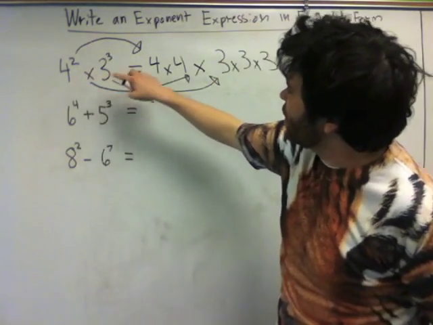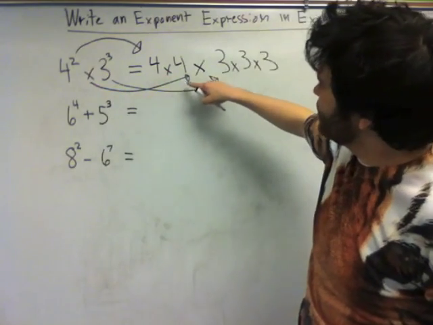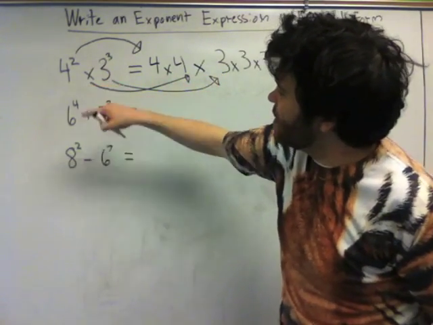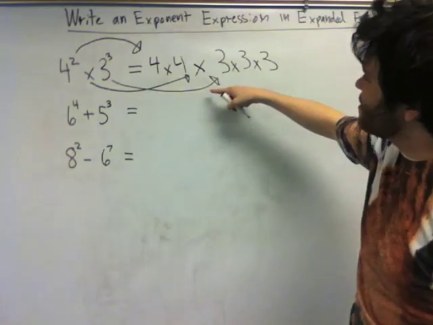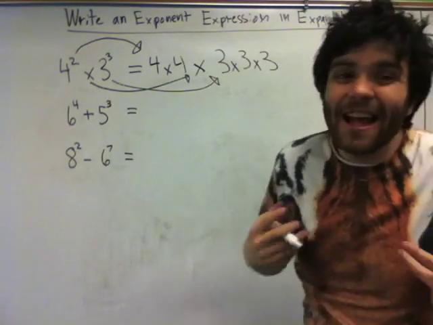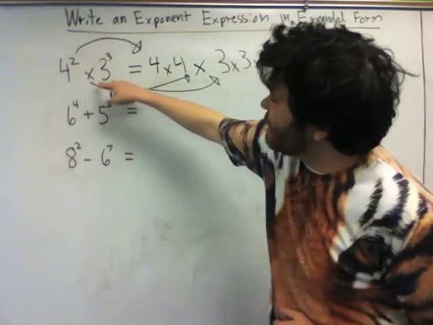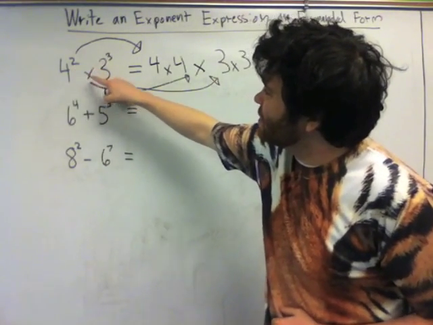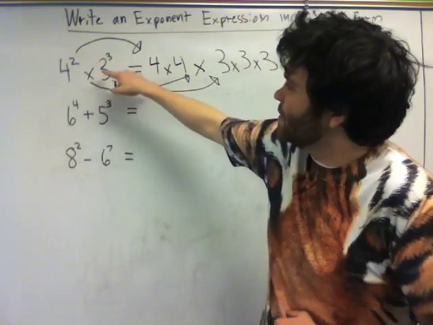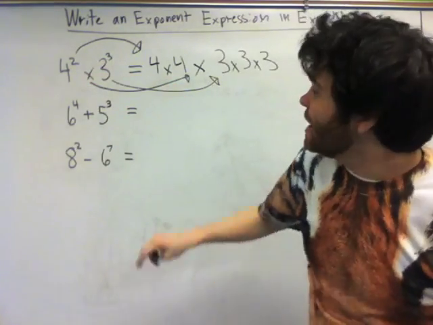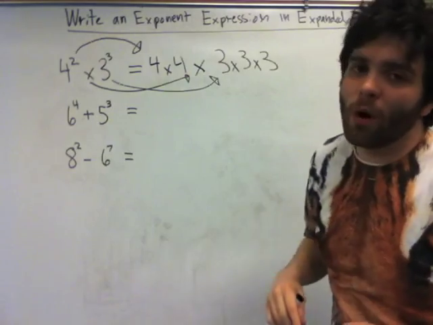My 4 squared goes right here. My multiplication goes in the middle of them, because it's in the middle of them over here. And now I have my 3 to the third expanded out. And that's exactly how you change an exponent expression like this one, 4 squared times 3 cubed, or 4 to the second times 3 to the third, into its expanded form.